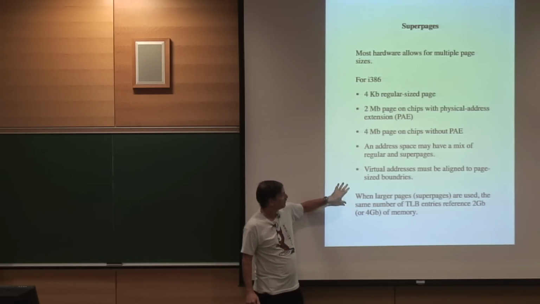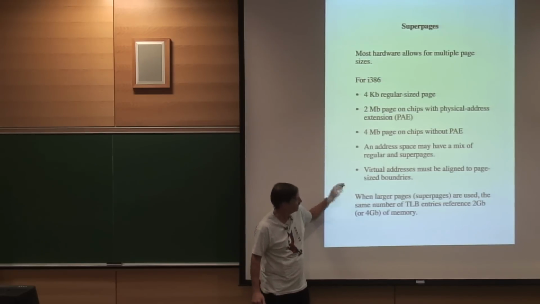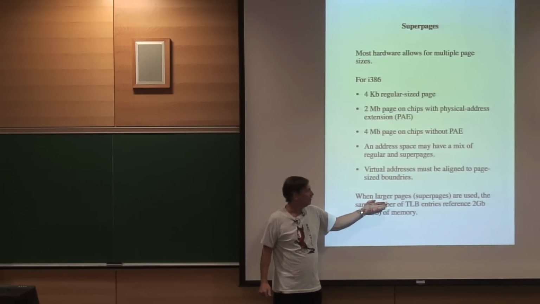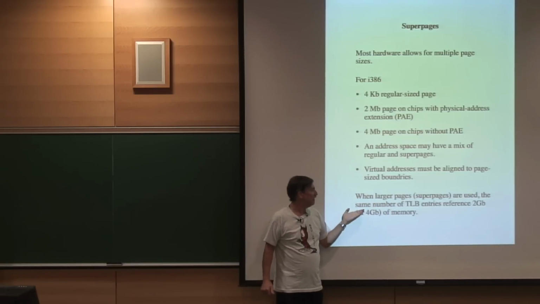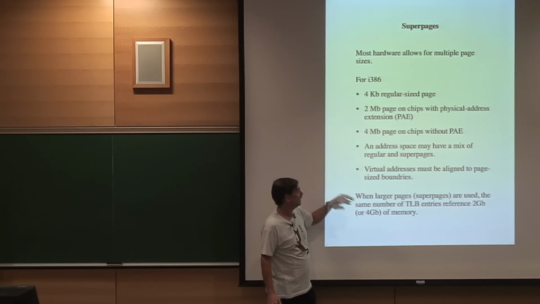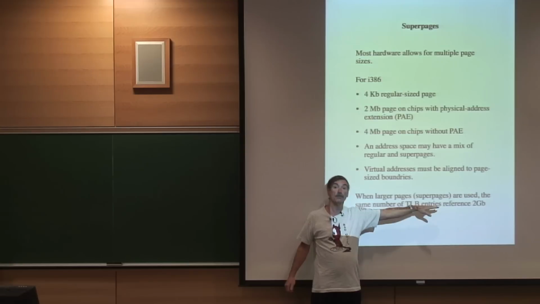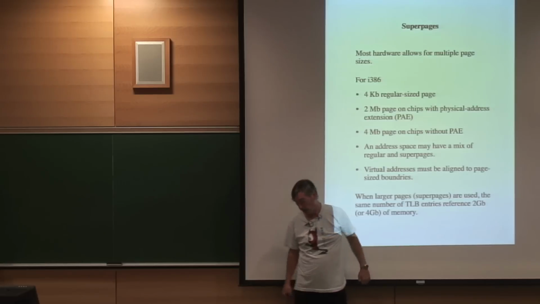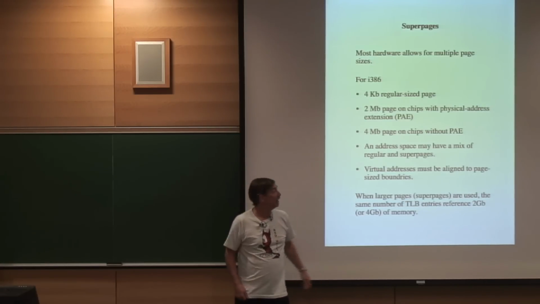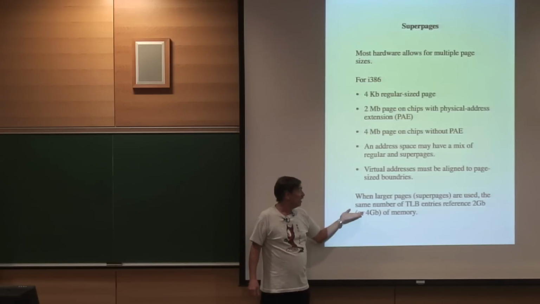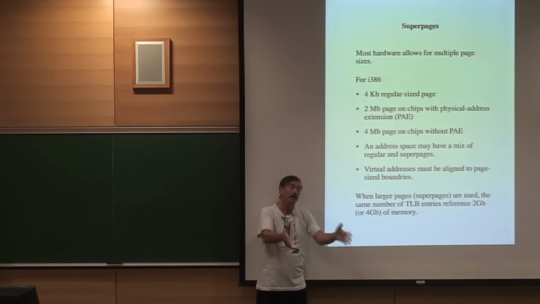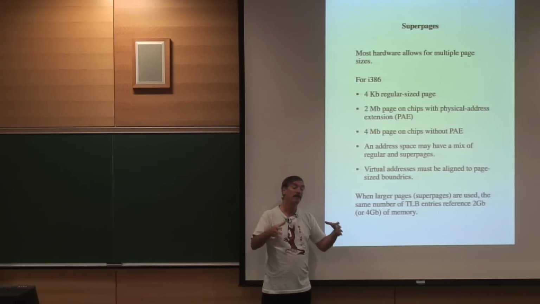And the payoff that we're getting here is that when you are using these larger pages, then for your 1024 TLB entries, you can now reference gigabytes as opposed to 4 megabytes, or in the case of the 4 megabyte page, you get 4 gigabytes. The point is that when we go to the superpages, we can avoid thrashing in the TLB.